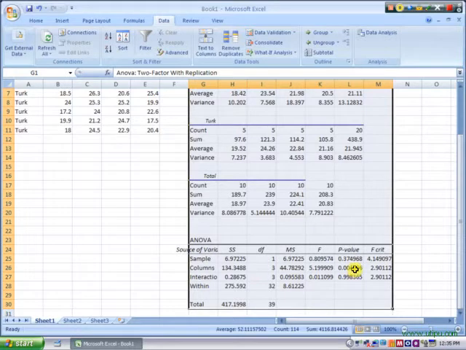But here, the suppliers for the columns, yes, definitely an interaction effect. Definitely a significant difference in the 4 suppliers. So we're going to reject the null hypothesis of no significant difference in the columns or the suppliers and say that there is a significant difference in the suppliers.